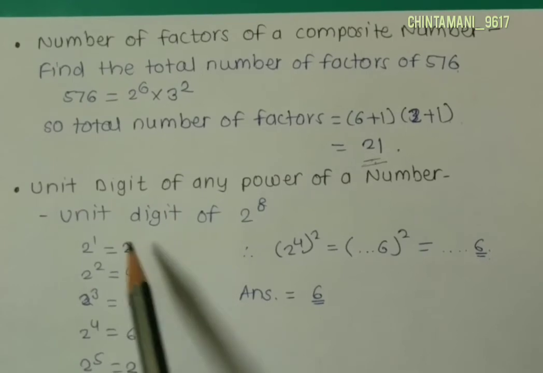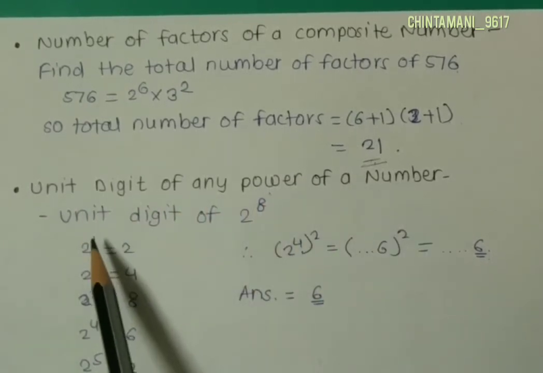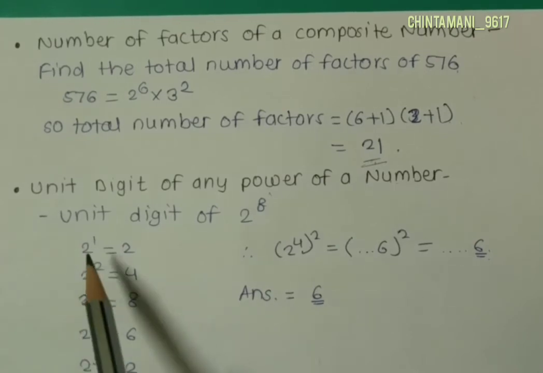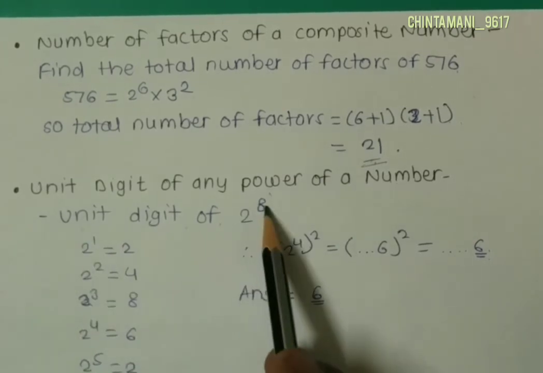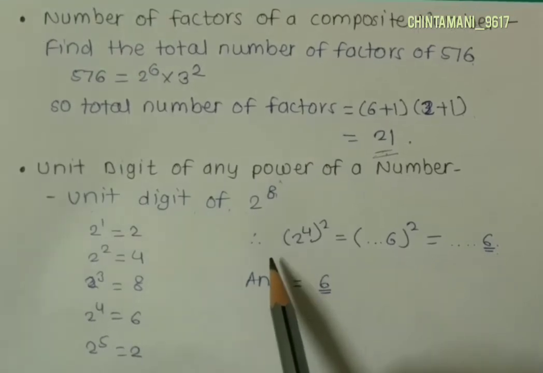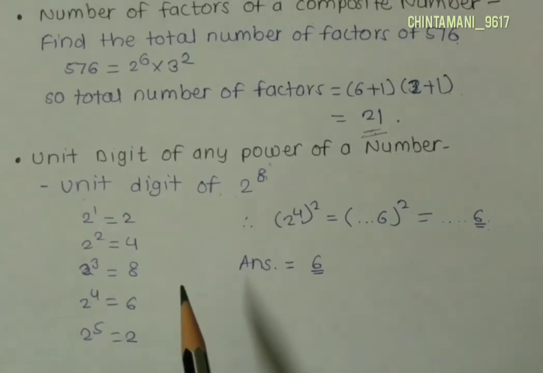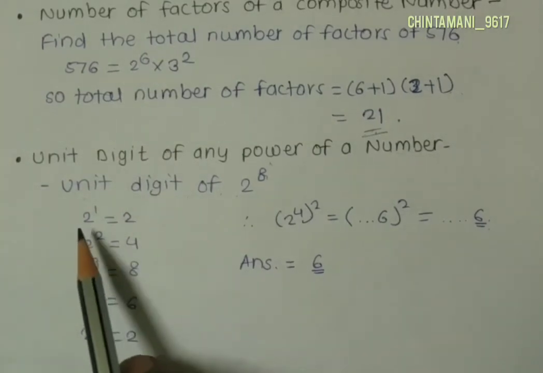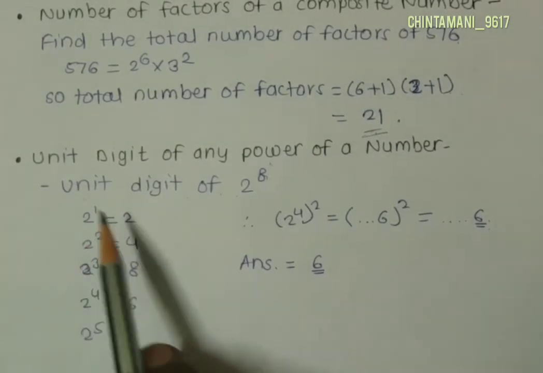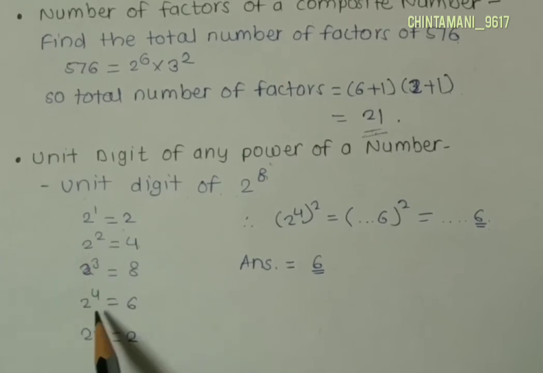So the unit digit of any power of a number. How to identify it? The unit digit of 2 raised to 8. If we try to calculate it manually, it will be hectic. So without doing that hectic part, we can write 2 to the 1 is 2. What is 2 squared? 4. 2 cubed is 8. 2 raised to 4 is 16, unit digit 6.